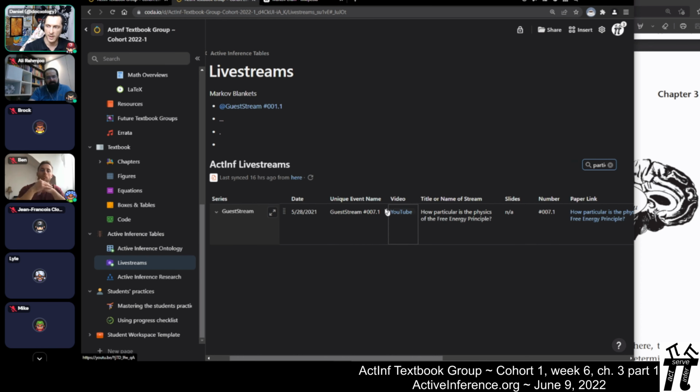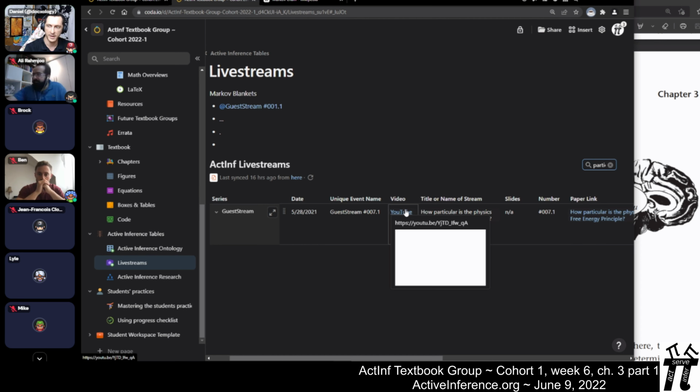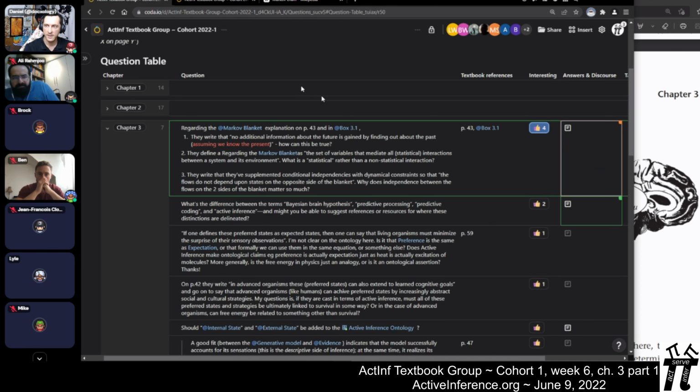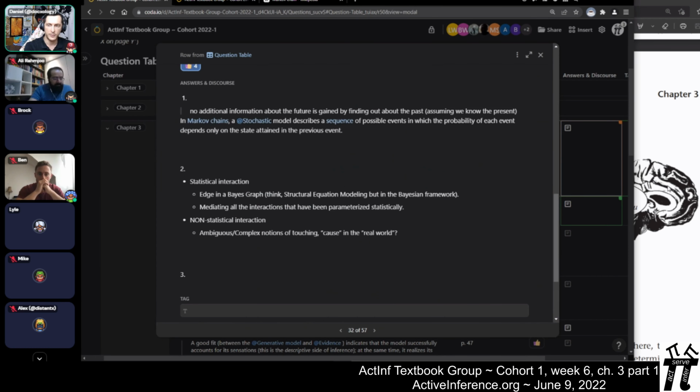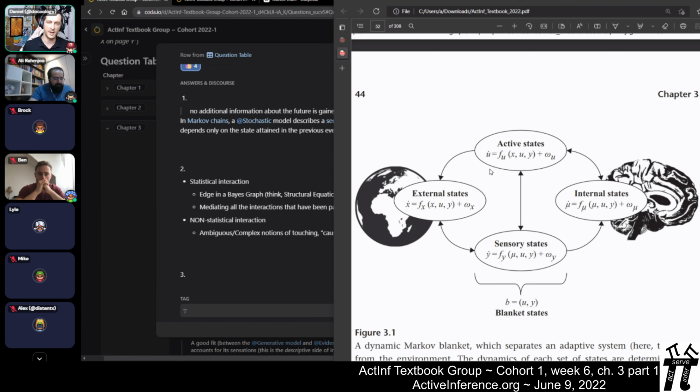Cool. So, guest stream number 7, how particular is the physics of the free energy principle? It explores different entity niche causal relationships. Like, for example, we could imagine a simple around-the-clock entity model. External states induce sensory states, one directional arrow. Sensory goes into internal, internal to active, active to external, like an OODA loop or something like that.